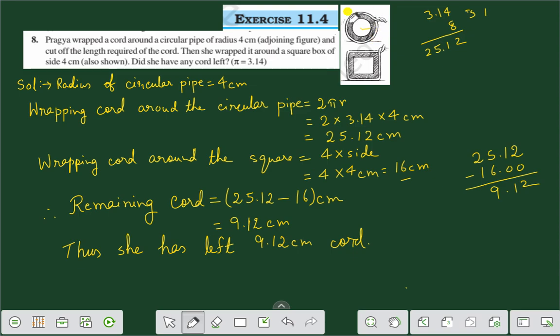That means first of all, you find the circumference of this circle, you find the perimeter of this square, and if you compare, the circumference of the circle is greater than the perimeter of the square. Therefore, you subtract it, the remaining cord is 25.12 minus 16, that is 9.12. Therefore, she has 9.12 centimeter of cord left.